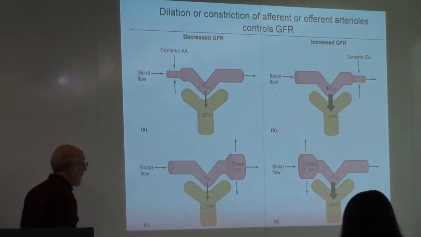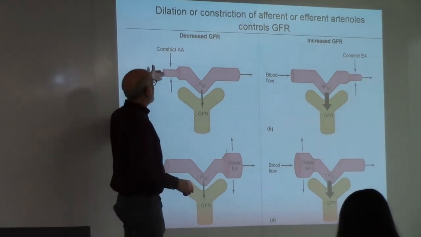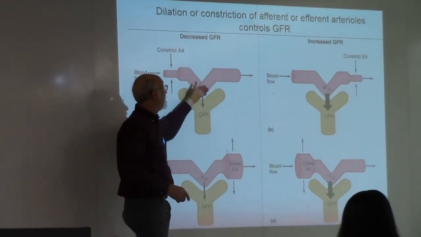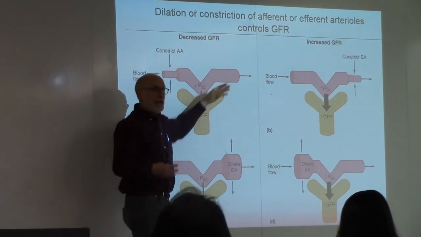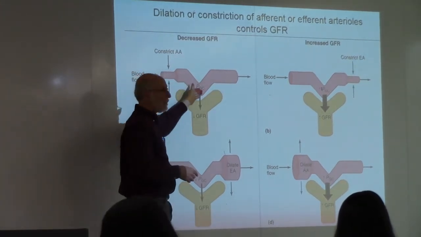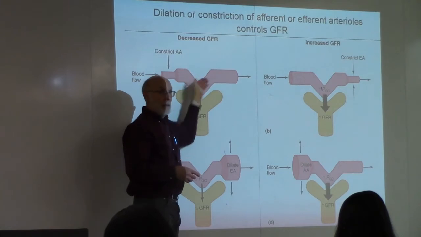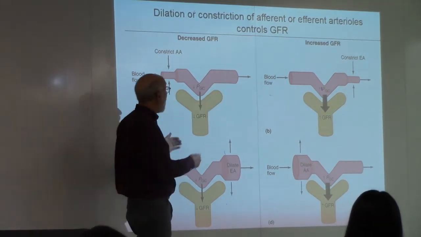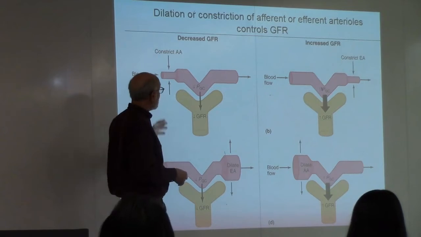So let me walk through this. This is a cartoon of the afferent arteriole, this is the glomerular capillaries, this is the efferent arteriole. In this simplified cartoon version: afferent, glomerular capillary, efferent. Okay, so they're all that way.